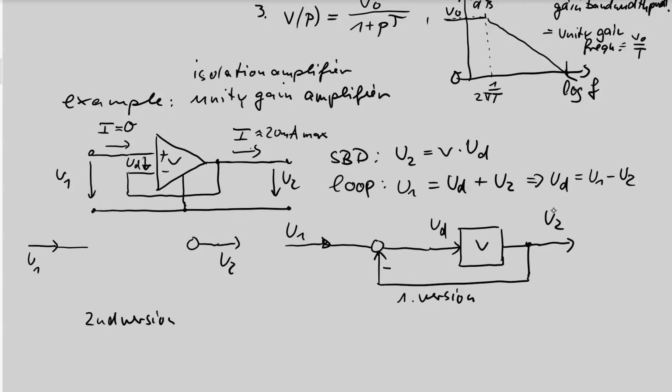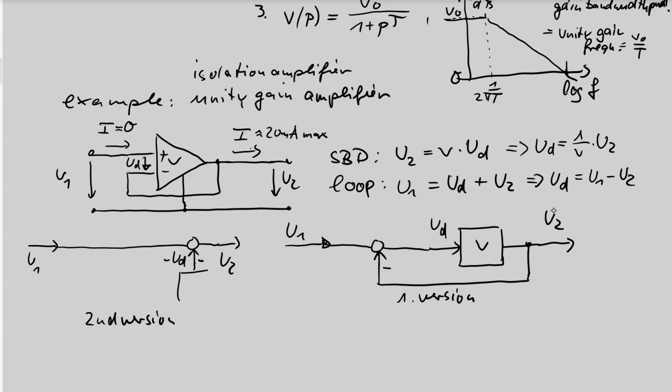For this minus sign, we now need the UD value, and here I solve this for UD. Very simple, UD is 1 over V times U2.